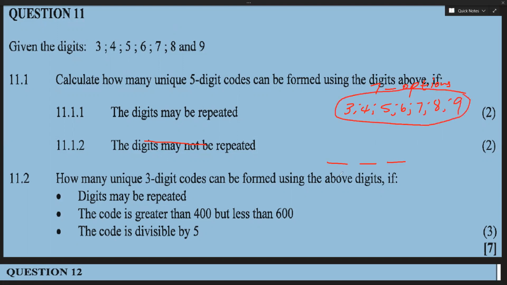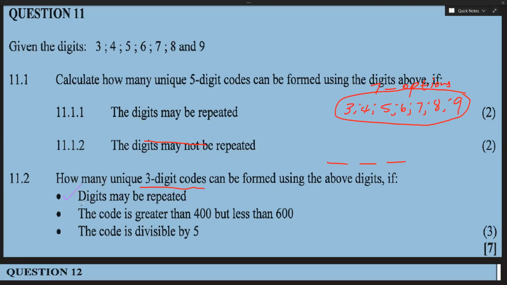Okay. Then they want me to create a 3-digit code that can be formed using the above digits, if digits may be repeated. Digits may be repeated. I know that where there's no condition, the options are always going to be 7. Okay.